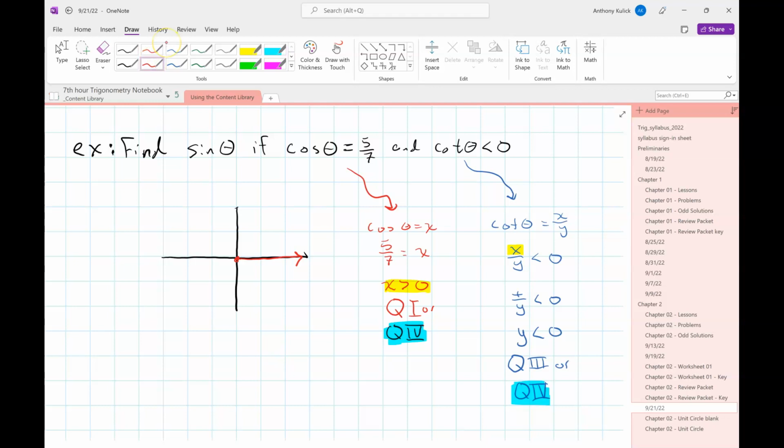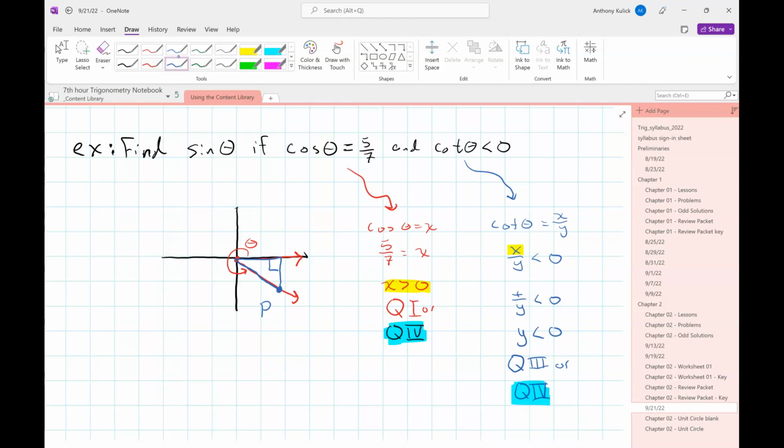Oh, okay. So I'll draw it like here. Everybody happy there? So I'm going to pick some point on my terminal side, draw in my reference triangle. I know that cosine is 5/7.